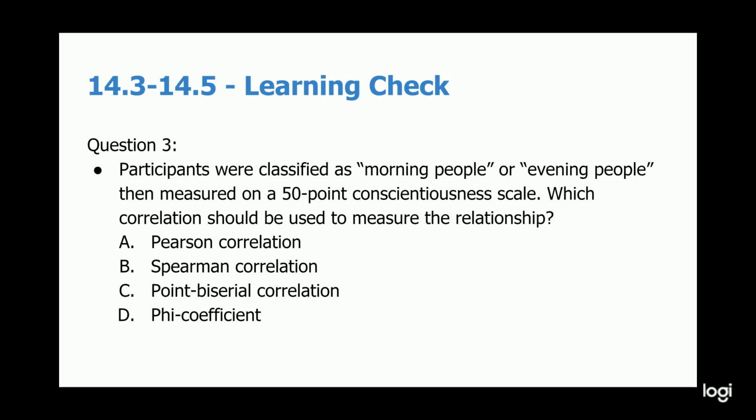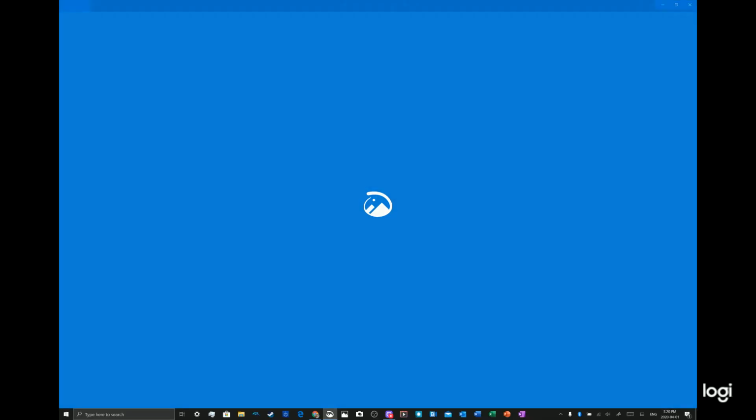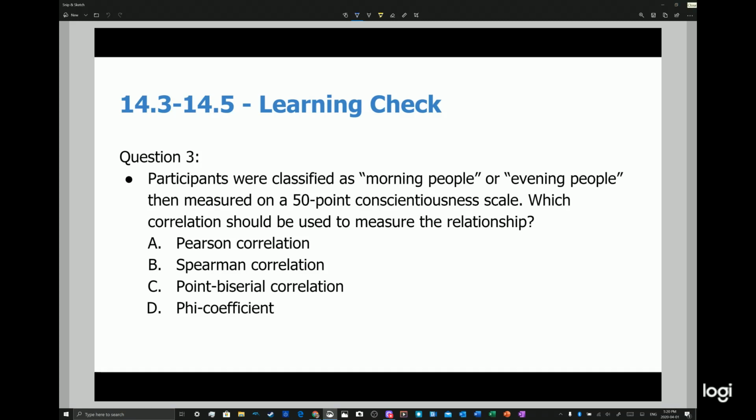Before we do our learning check, I will tell you one last time that in our tests, we're going to test you on your Pearson correlation, which is your linear relationship on interval and ratio scales. And we would test you on your Spearman correlation, which is for ordinal scales or ranks. Okay, so I just write ranks here so you can help remember.